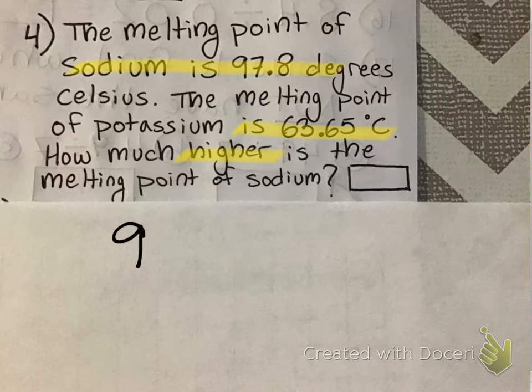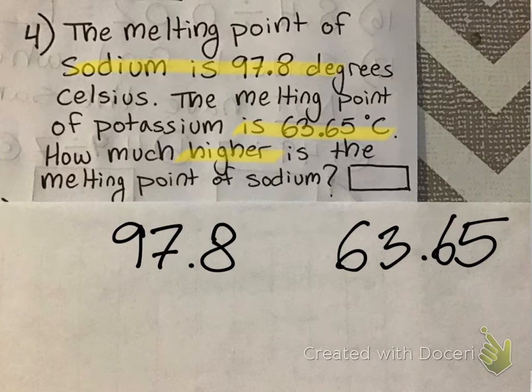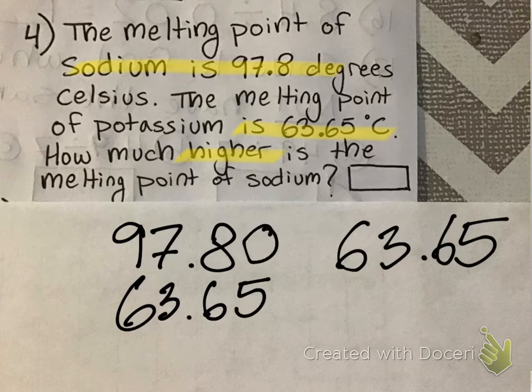So we have 97.8 and we have 63.65. How should I line these two up? Where is it going to go? How do I line them up, Liam? You'll put 97.8 under 63, but you would have to add 0 behind the 8. Yes, although we do put the 63 at the bottom because we are subtracting it, but correct, we put that 0 there so that they all line up.